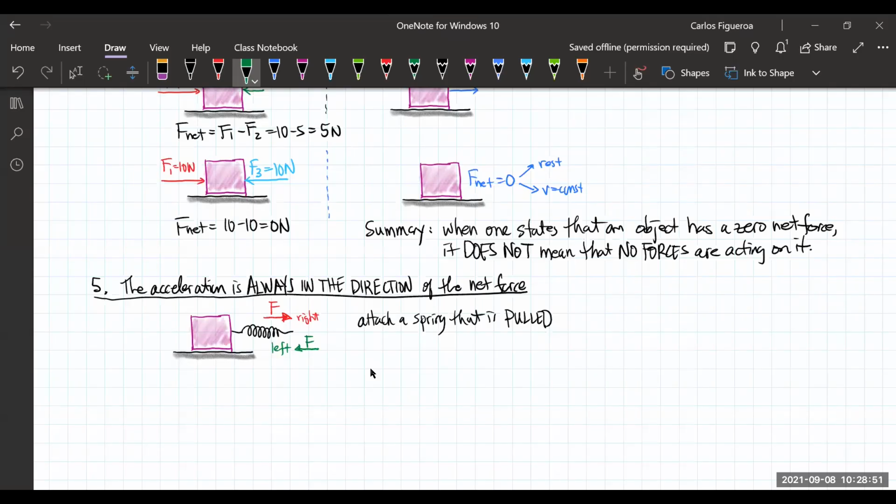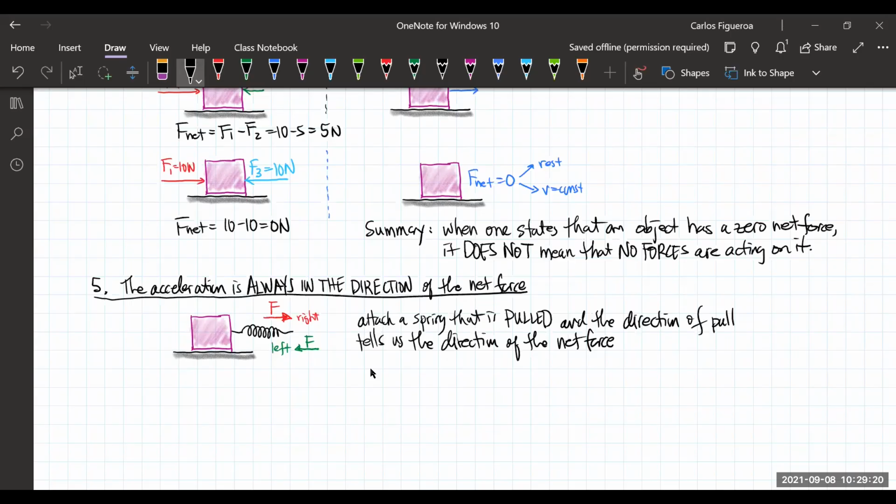So what this tells me is, how am I applying a force? I touch a spring that is pulled, and the direction of pull tells us the direction of the net force.